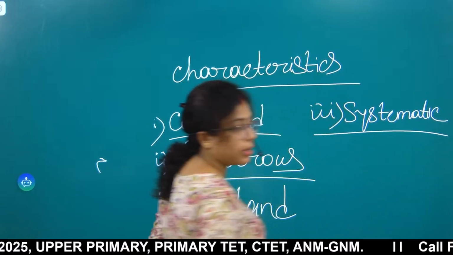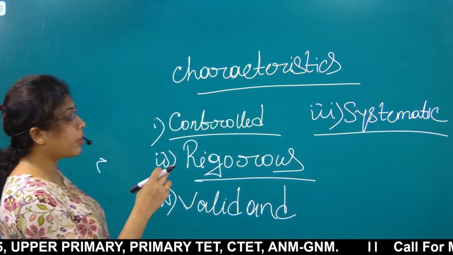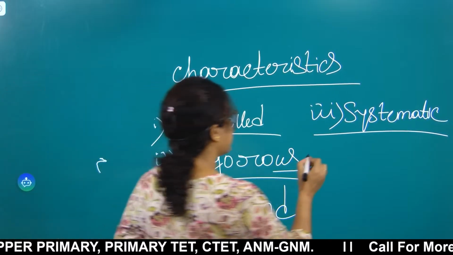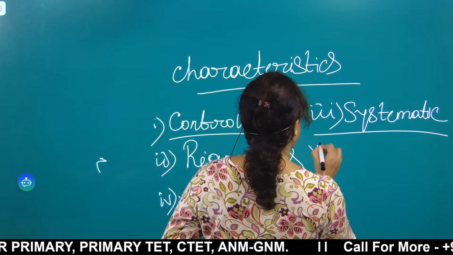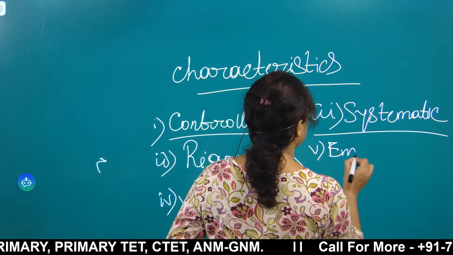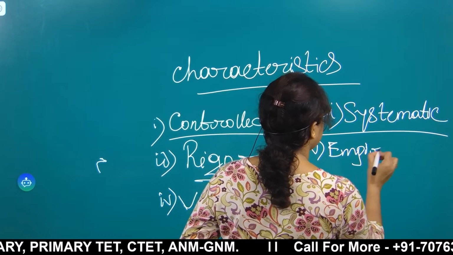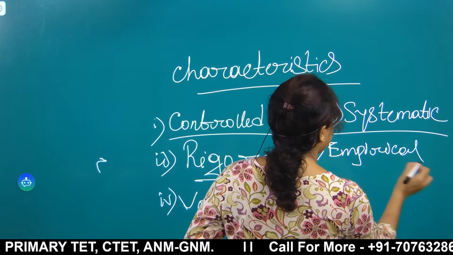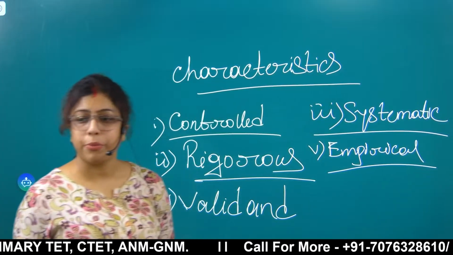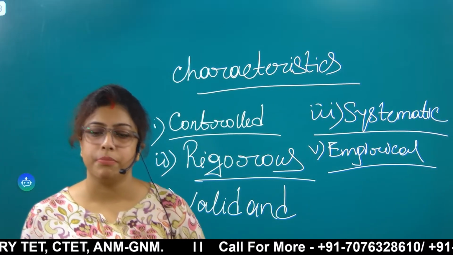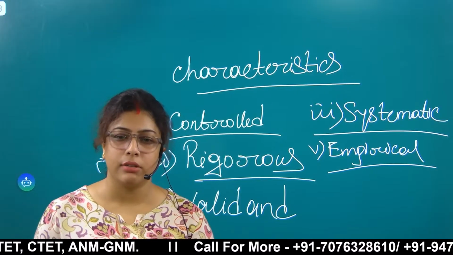It is systematic. So what's the second last point that I have mentioned? It is empirical. It is empirical. So what do you mean by empiricism or empirical data?